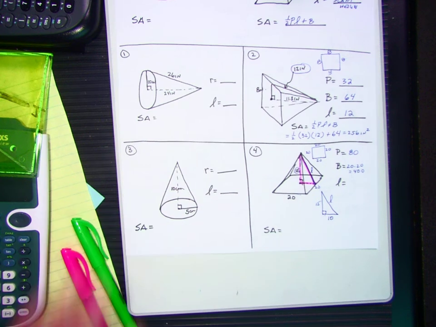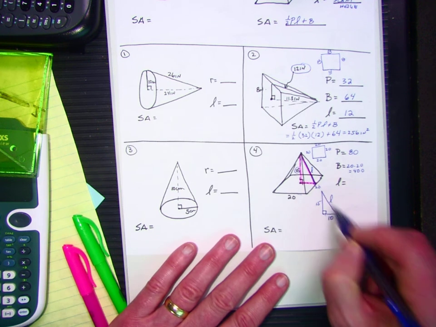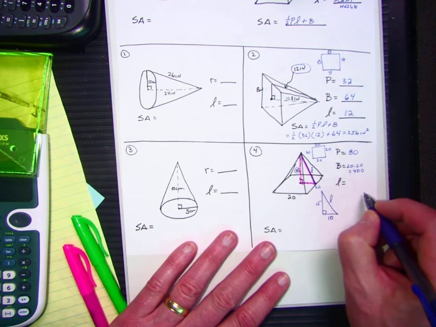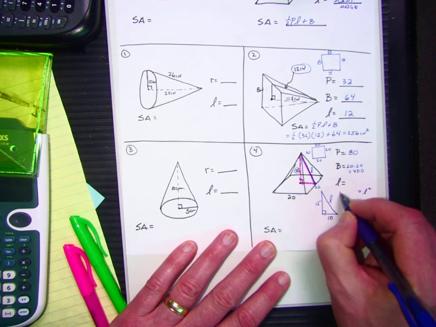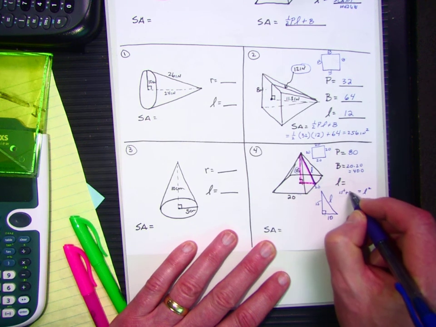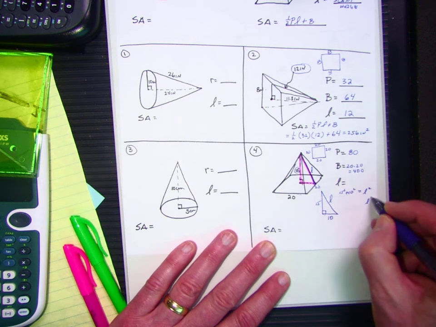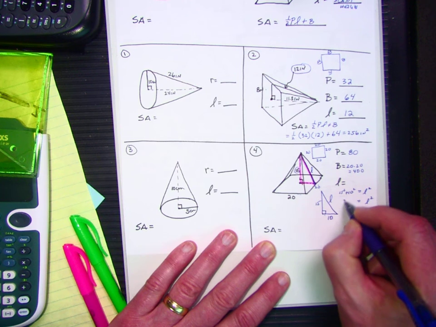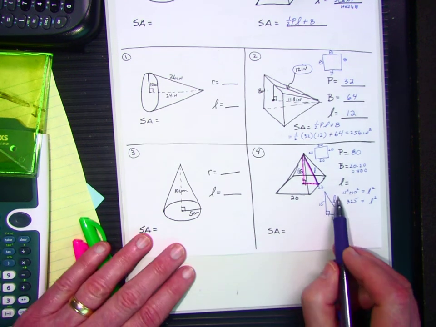So if you make that connection, that here is just the radius. If we set this up now, how do I find the third side if I'm given two sides of a triangle? Well, it's going to be Pythagorean: 15 squared plus 10 squared is L squared. If I multiply that out and add those together, I get 325, because this is 225 plus 100.